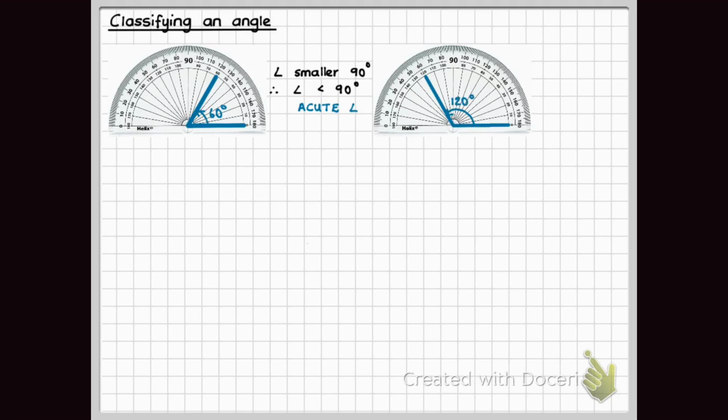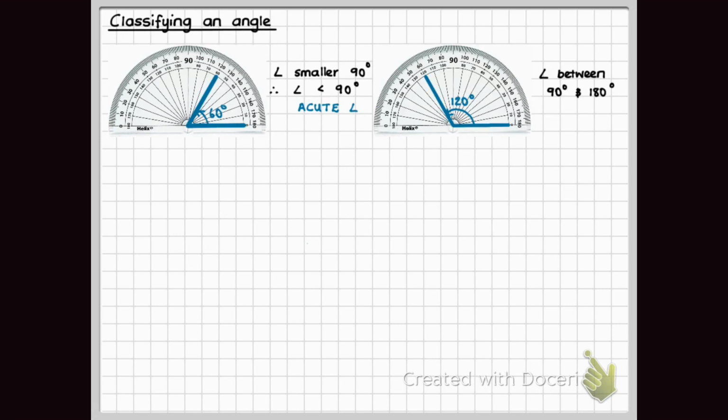So the next one is 120 degrees, so we measure it from 0 in an anti-clockwise manner, and we see that it's 120 degrees, and because this angle is between 90 degrees and 180 degrees, we wrote it out there, angle between 90 and 180.